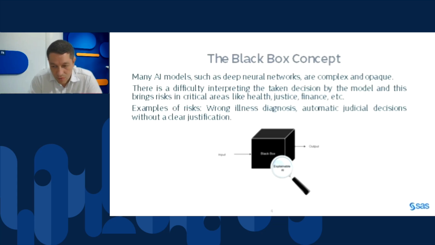These kinds of algorithms like neural networks are known as black box algorithms. So what is this concept? What is a black box? The black box is when we just present some inputs to the algorithm, and then we collect the output, but we don't know what is happening, for example, in which layer.